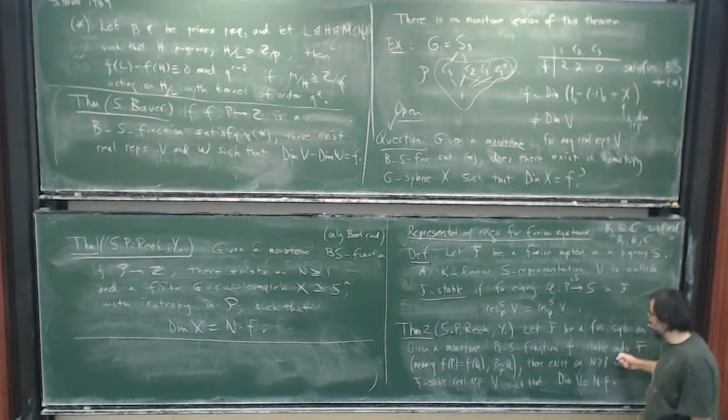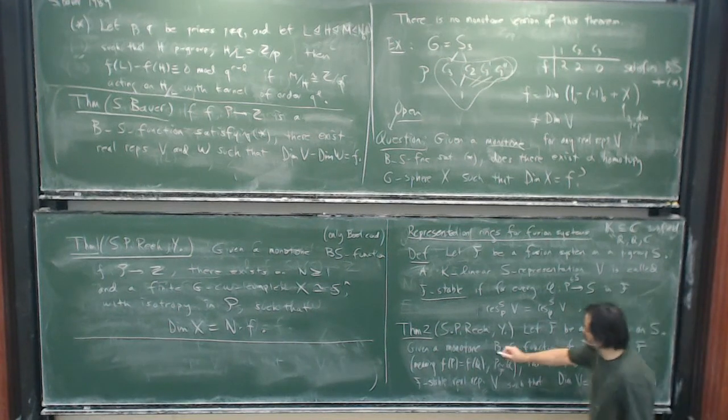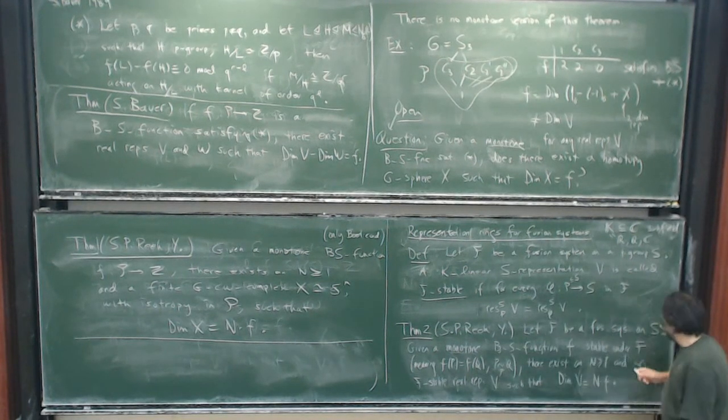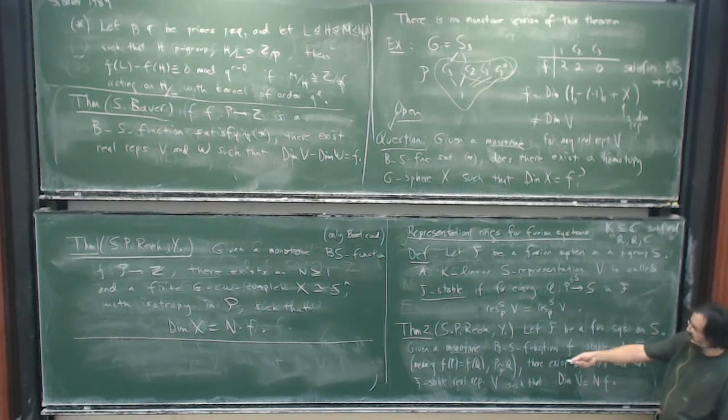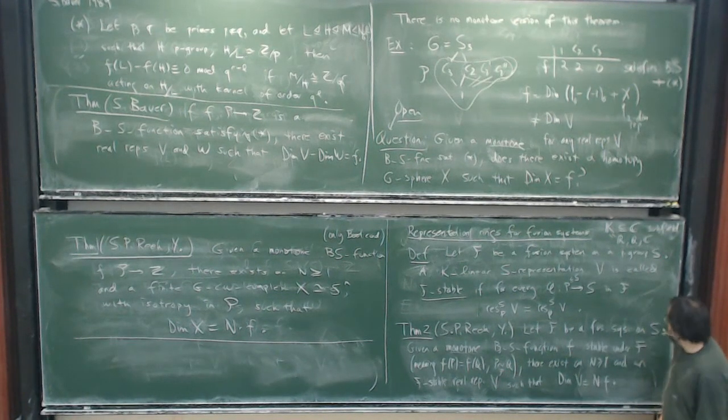So if you are given a Borel-Smith function which is stable and monotone, stable under F, that normally F-conjugate elements don't have to be equal.